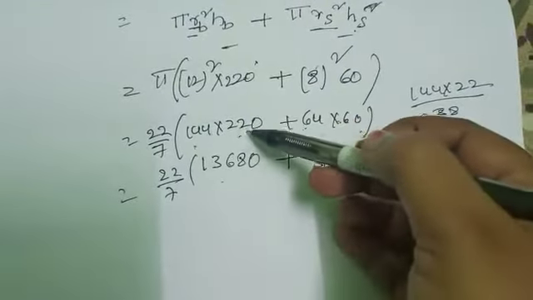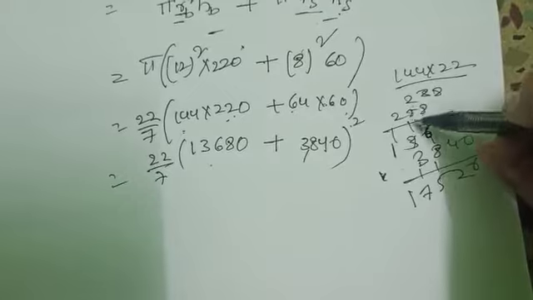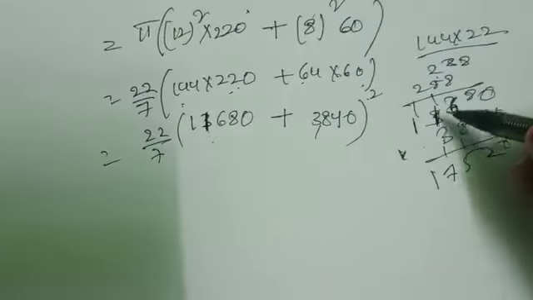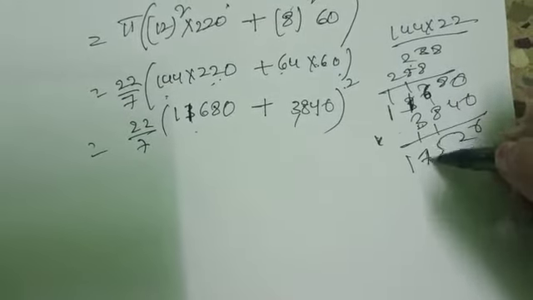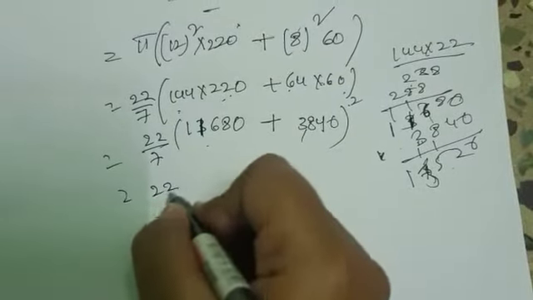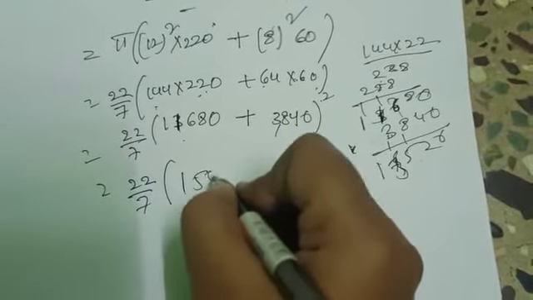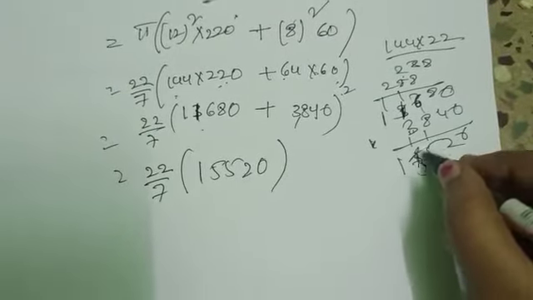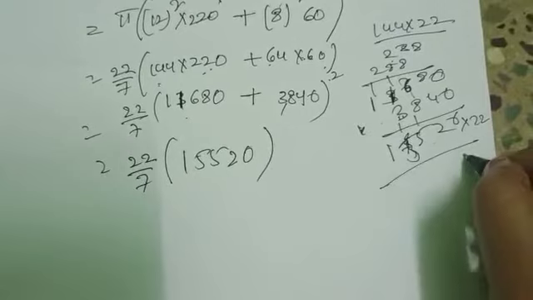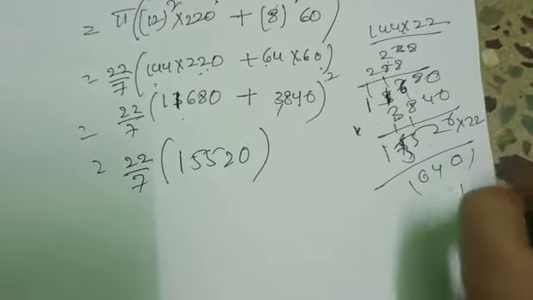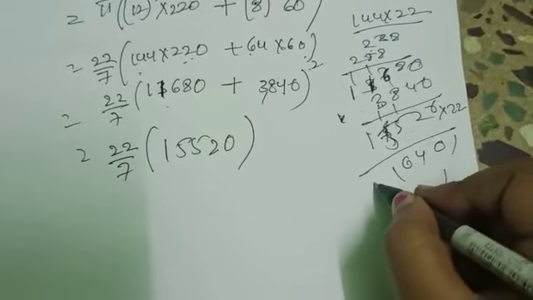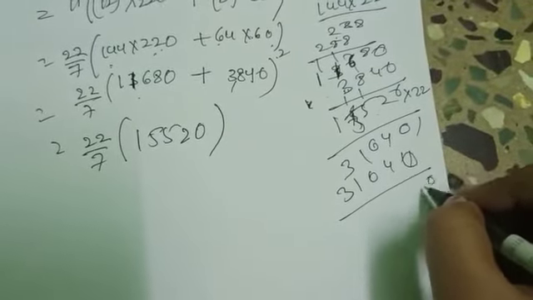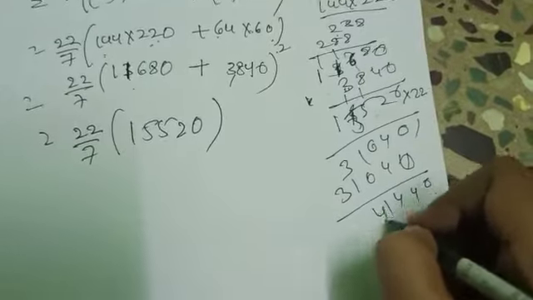So this value equals 22 by 7 into 35,520.